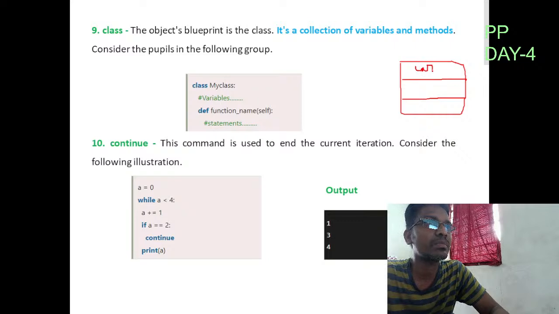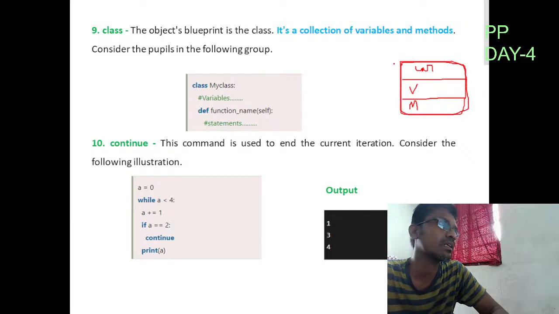For example, I am writing the name of the class as car, and it contains the variables of the class, and it contains the methods or functions of the class. So the class is a collection of variables and methods wrapped into one single unit.